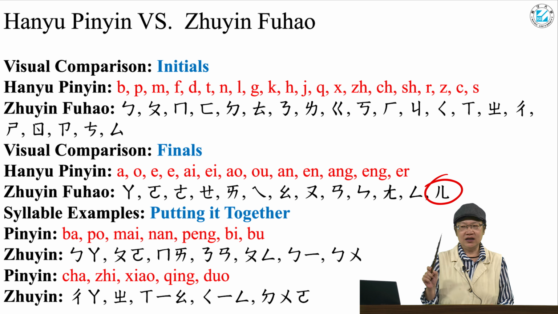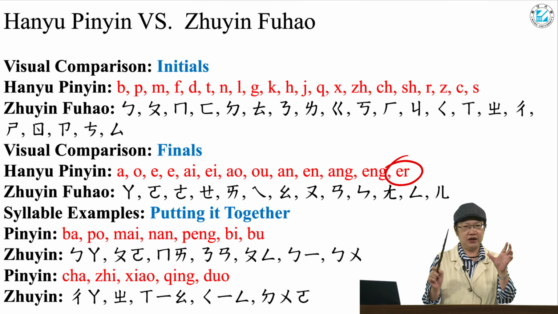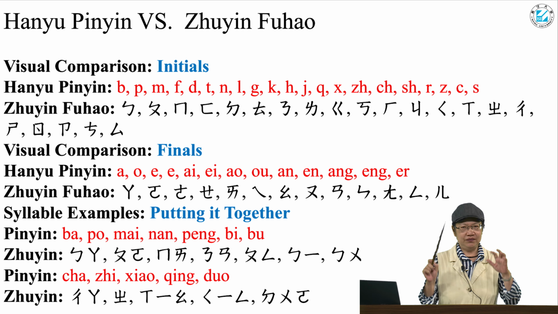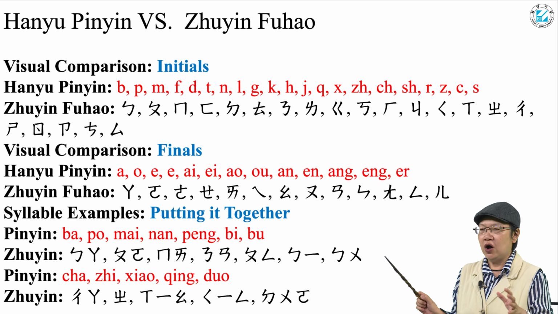Here I put er, but very likely when you see 汉语拼音, they only give you a little r here, okay? Remember a, o, e, i, a, o, an, n are kind of vowels in the English concept, but when you pronounce them, try to keep them as clear as possible. And then we also have the specific way to put them together.